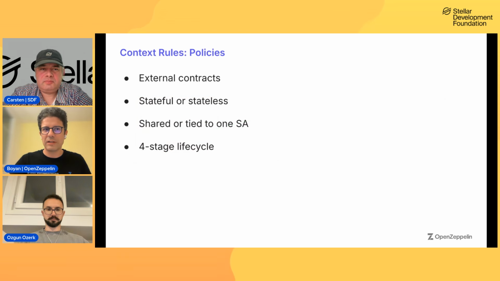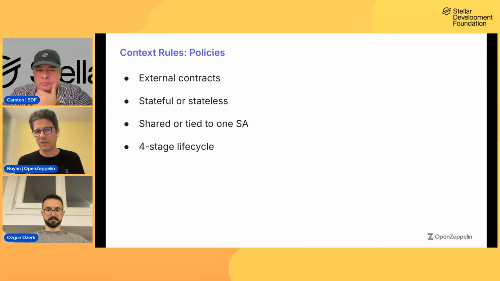So policies are external contracts, just like verifiers. Policies can be stateful or stateless, meaning they can map some state for a specific account and context rule.